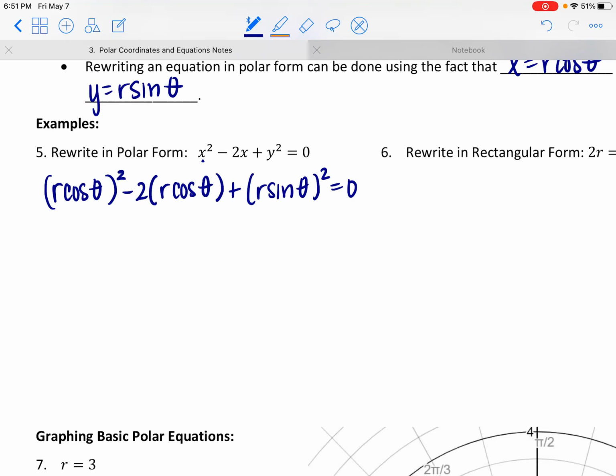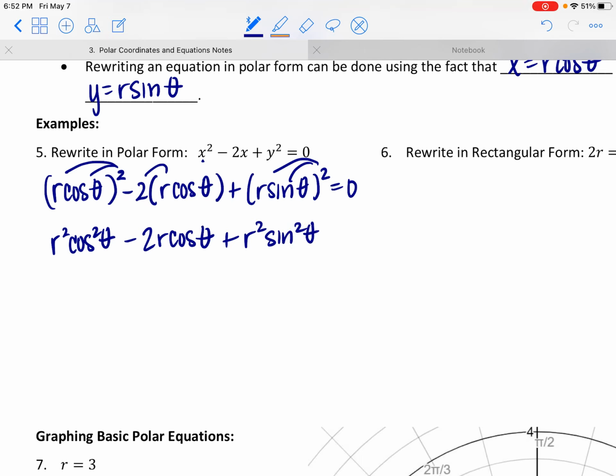And then just some simplifying from here. So I'm going to square and square. This is r squared. Sorry. R squared cosine squared theta minus, we can multiply here, 2r cosine theta plus square here, r squared and sine squared theta.